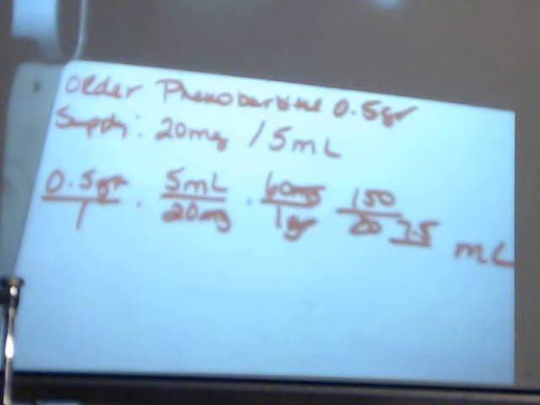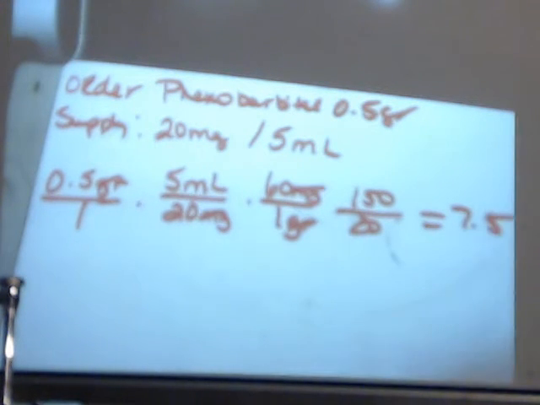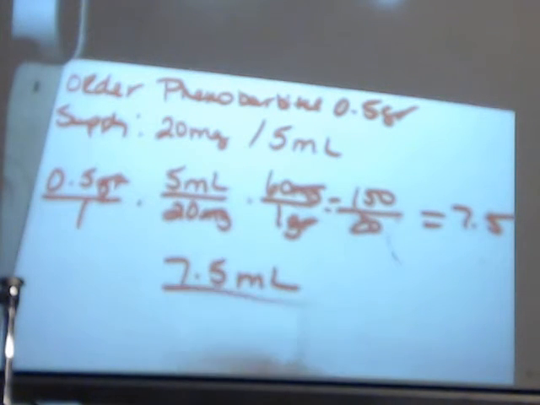That's what we're going to administer to this patient. If we drew that up in the syringe, we would do 7 and a half milliliters. So 7.5 milliliters is also a teaspoon and a half. Okay, so there's just 4 of those, so I'm going to work number 4 also.